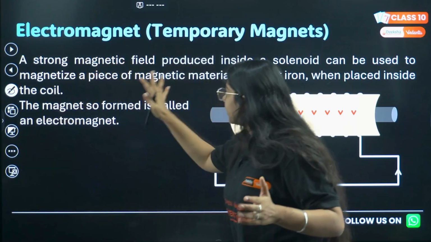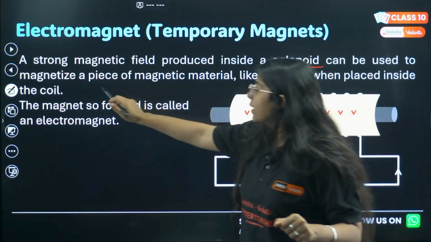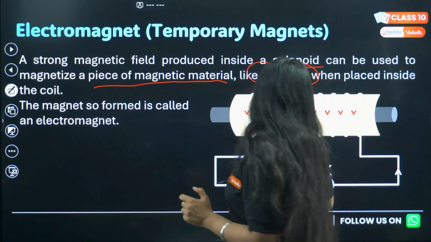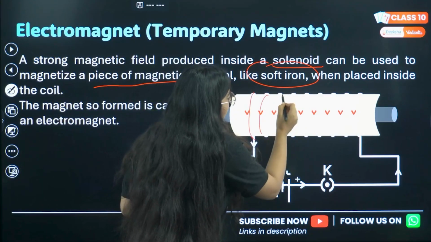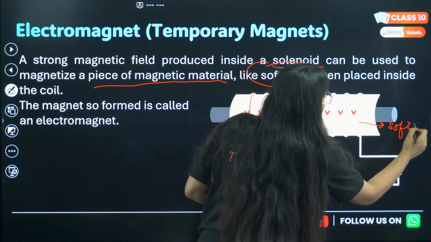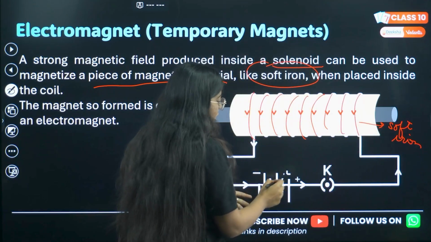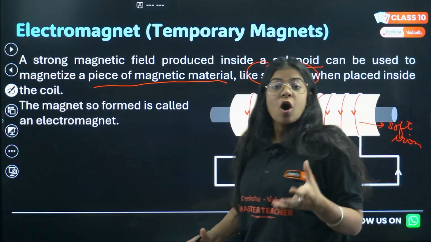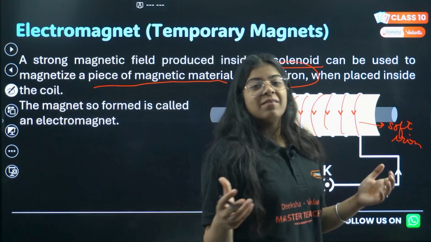A strong magnetic field produced inside a solenoid can be used to magnetize a piece of magnetic material, which is soft iron, when placed inside this coil. I have this coil and this is my soft iron. I placed it inside that insulated copper wire and passed the current through it, and what do I see? I see that the soft iron is now behaving like a magnet.